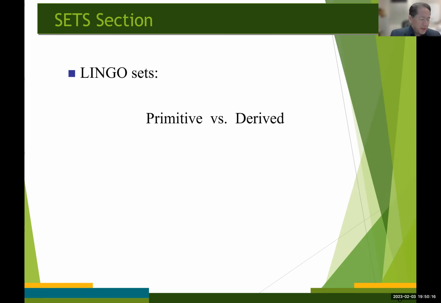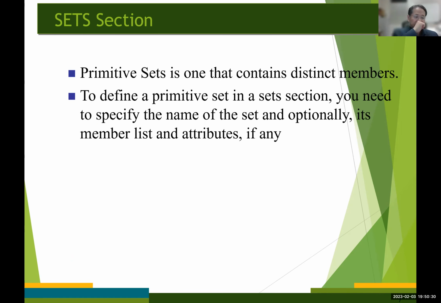And sets may be either primitive or derived, which means Lingo can recognize only these two different kinds of sets. The primitive set is one that contains distinct members. That is, it's a set composed only of objects that cannot be further reduced.